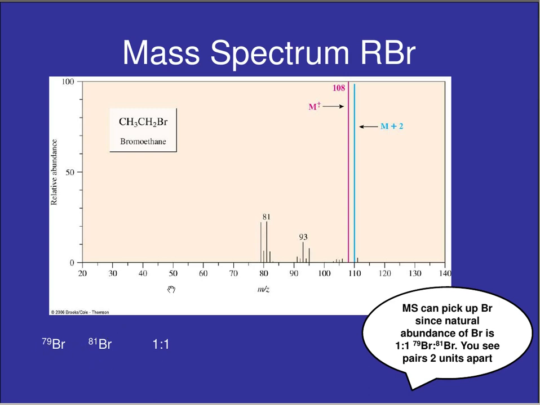So when you see pairs in the mass spectrum, it's quite likely that you have bromine. With bromoethane, when you fragment it, you can see there's the Br81 plus and the Br79 plus. They're 2 units apart. The pair are seen there.